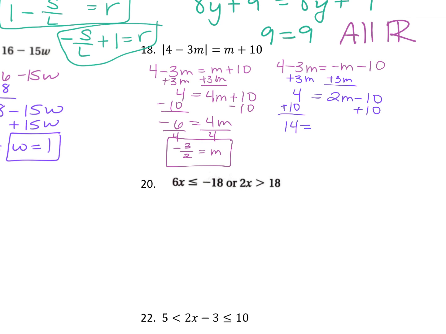So 14 equals 2m. Divide by 2. So m is 7. Typically on those are the ones we want to check for extraneous. But if you plug this in, that's going to become positive. So we're going to be okay with that one. And if you plug this in, that's going to become positive. So we'd be okay with that one too.